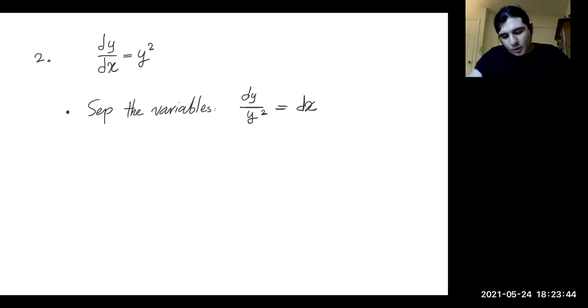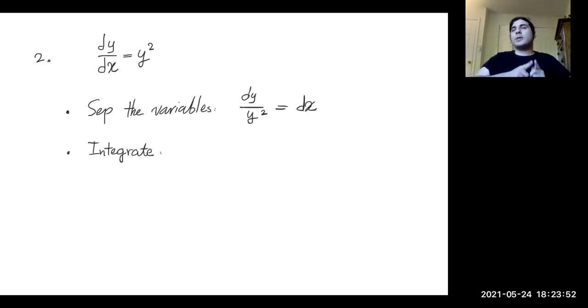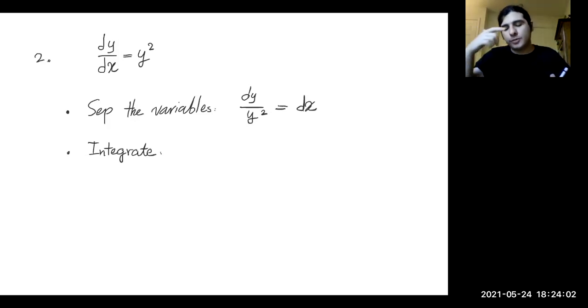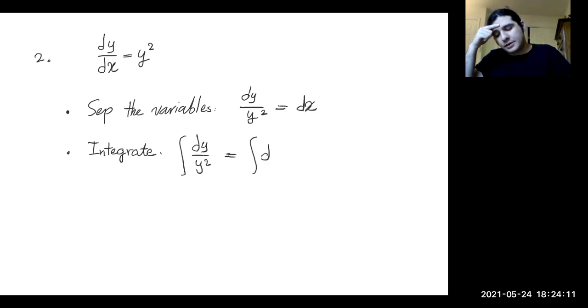The second step was taking the integral. Again, note that when we take the integral with respect to the variable, for example dx, it's with respect to x. If we have dy, the integral would be with respect to y. So we have the integral of dy over y squared equals the integral of dx.